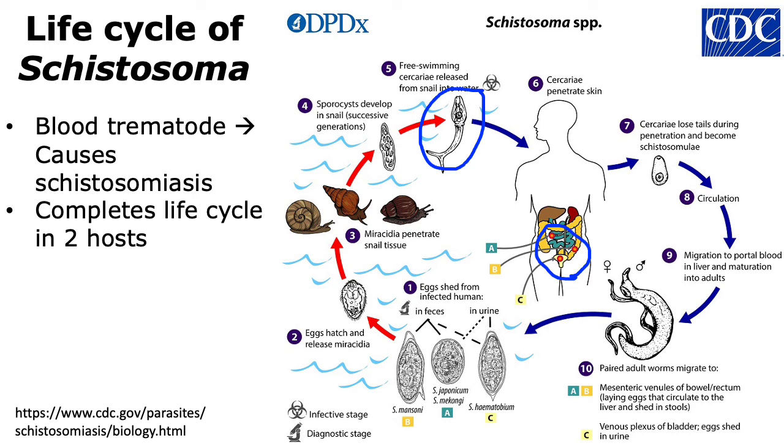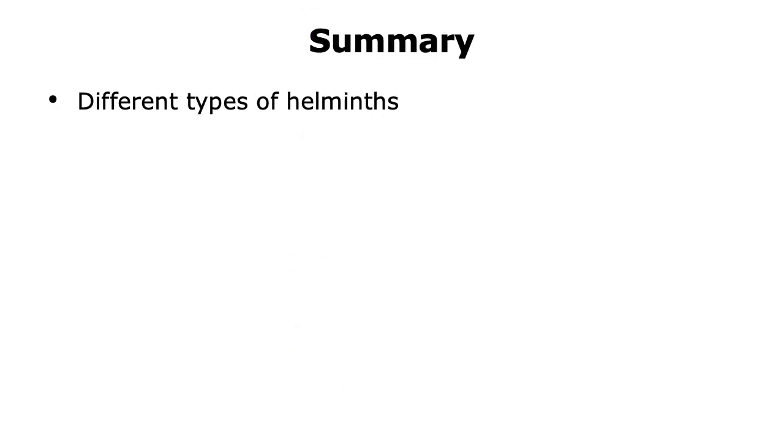These larval forms will then be able to penetrate the skin of humans and cause schistosomiasis. Thus, the human acts as the definitive host where sexual reproduction occurs, whereas the snail functions as an intermediate host where asexual development occurs.